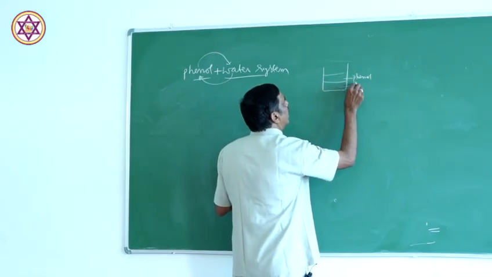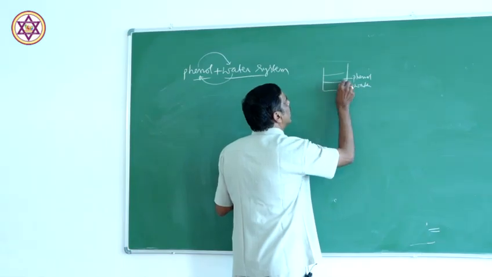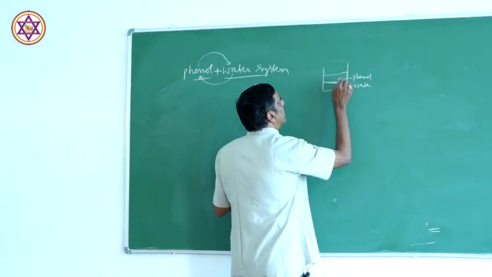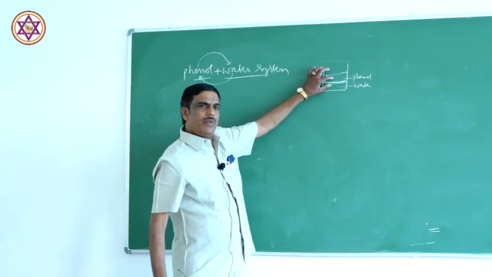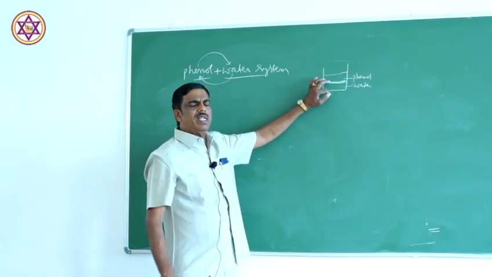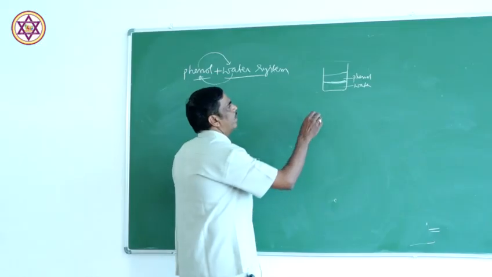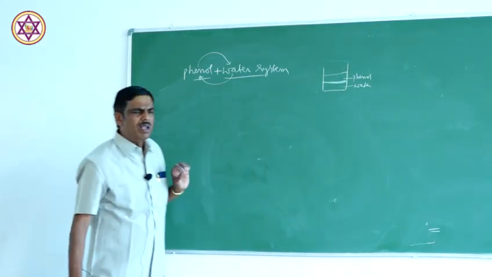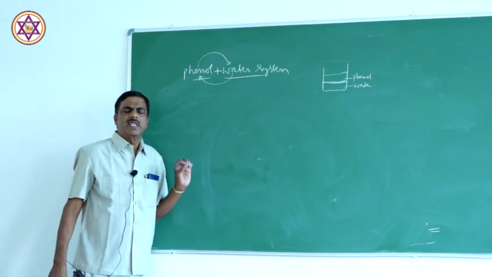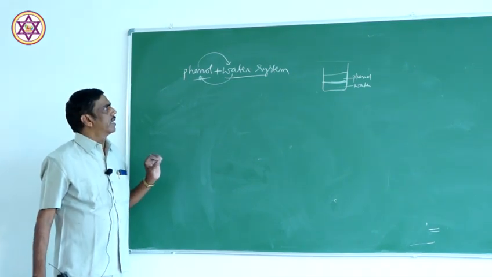These two layers are separated. Phenol contains a little water, and water also contains a little phenol. But because only a small amount of solubility is there, there will be separation.